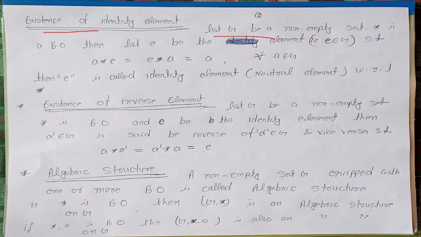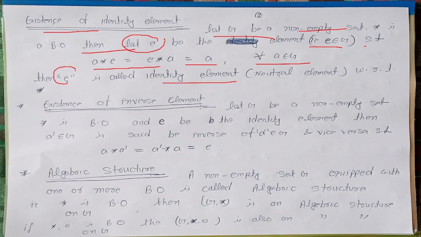So let G be a non-empty set and star be the binary operation, and let us assume E is an identity element, and make sure that the identity element comes from the same set G, such that A star E equals E star A equals A for all A belonging to G, then E is called the identity element or neutral element, because in this operation you can see that A star E equals E star A, the same element comes.